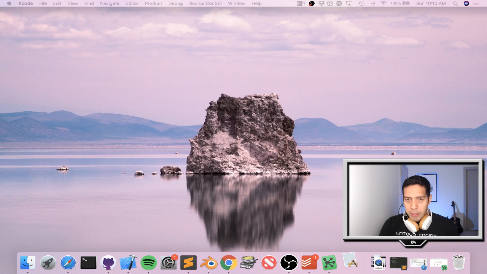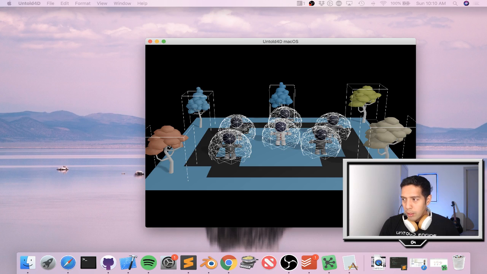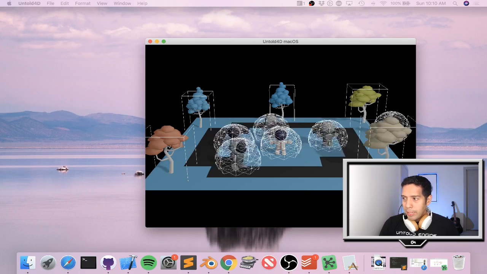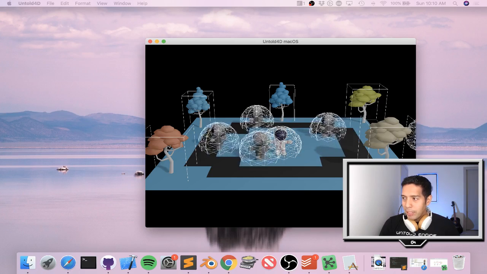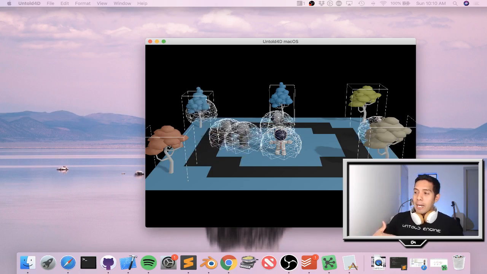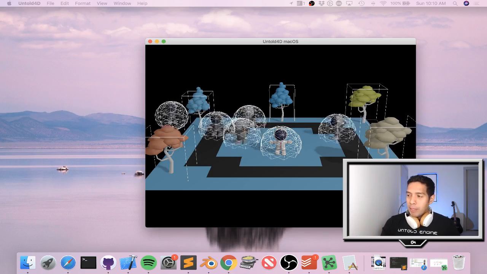It should come up any moment now. All right, let me just go back here. Boom, and there you go. And you see how all of the characters again prevent any collision from happening.